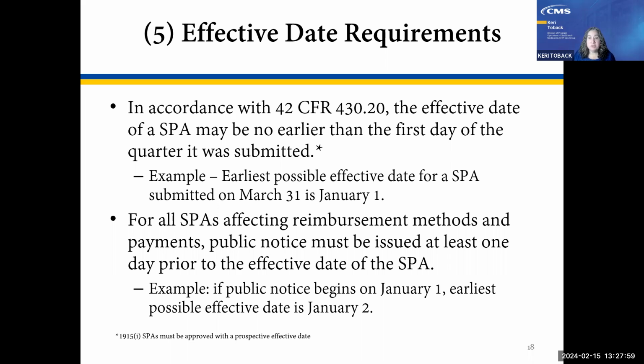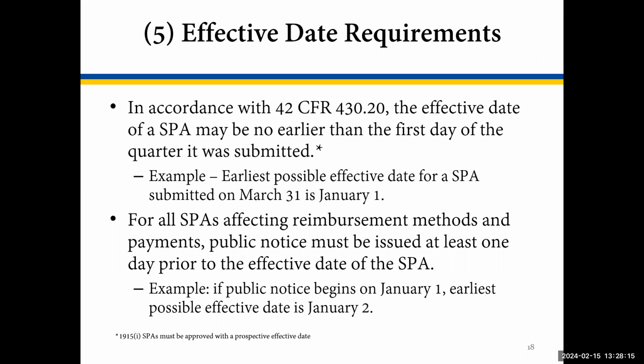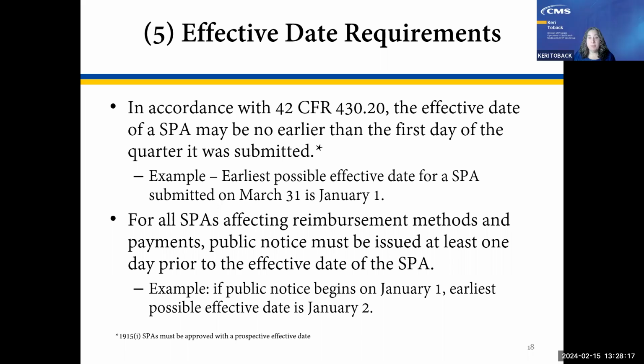The first example shows that SPAs submitted from January 1 up through March 31st, which is the first quarter of the year, can have an effective date as early as January 1st. If public notice was required for the SPA submission and the state did not conduct public notice until January 1st, then the earliest the effective date could possibly be would be January 2nd.